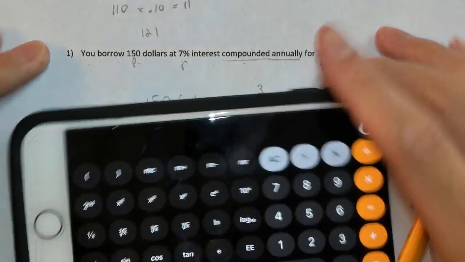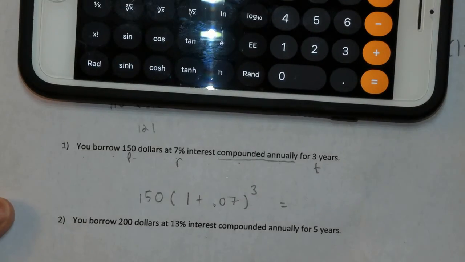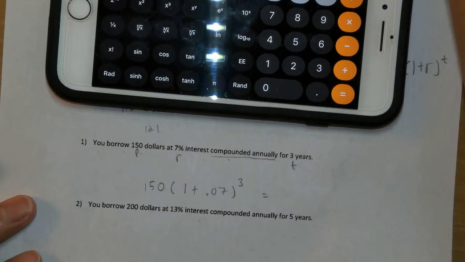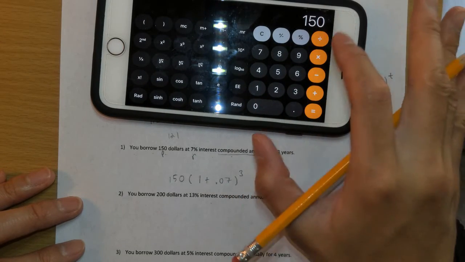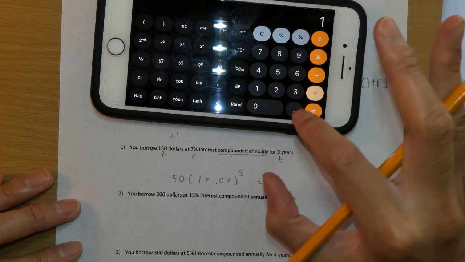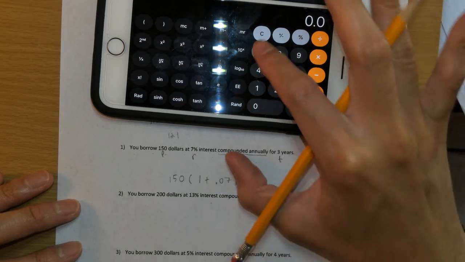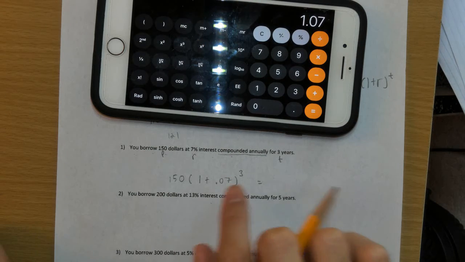I'm going to use an iPhone calculator just because I feel like that's what most people are going to be using. So we got 150 times, and then use this parentheses thing, 1 plus 0.07, use this parentheses thing again, and then raised to the 3rd power.